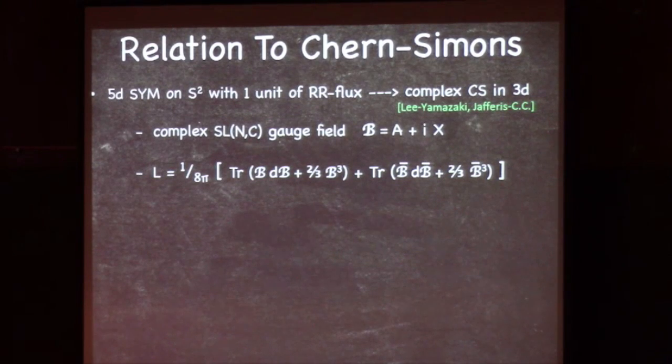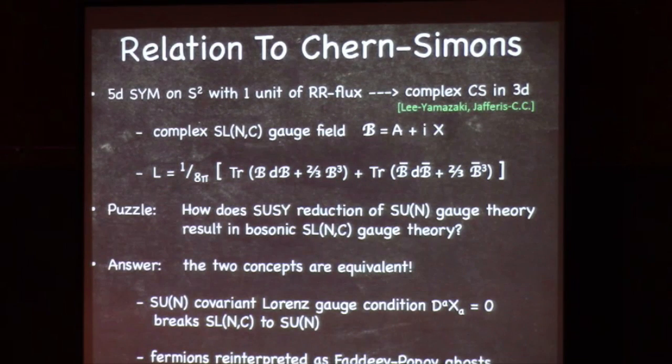Okay, that's a simple answer, but it's somewhat puzzling. You see, we started in 5 dimensions with an SU(N) gauge theory. I did some supersymmetric compactification of that theory.